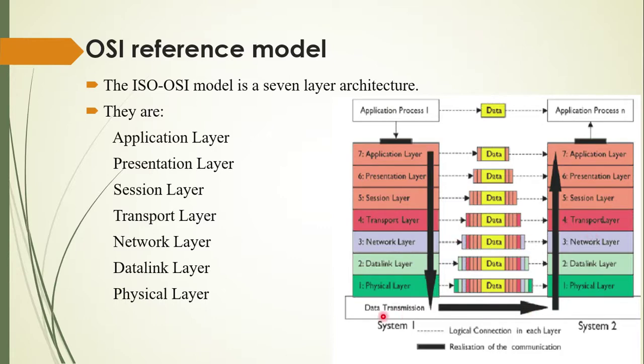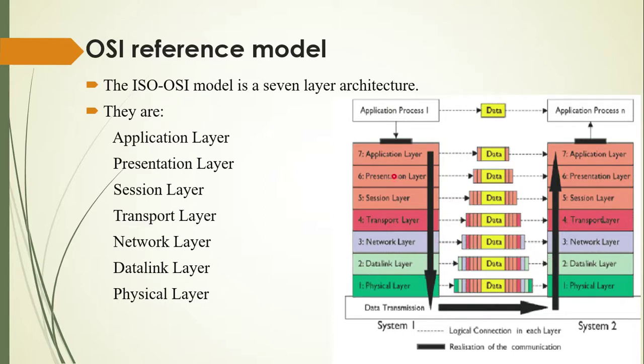And from there, data is sent to host B from physical layer to data link layer to network layer to transport layer to session layer to presentation layer, and presentation layer to application layer.